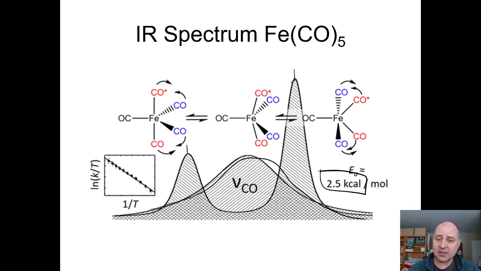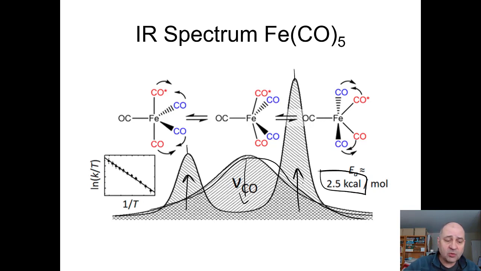So what will happen is, if you see something like this unexpected, you can lower the temperature of your instrument, and you will see a flattening of the signal. This signal will disappear, and at some point the new signals will grow in. If you lower it to the right temperature, you reach a process called coalescence.